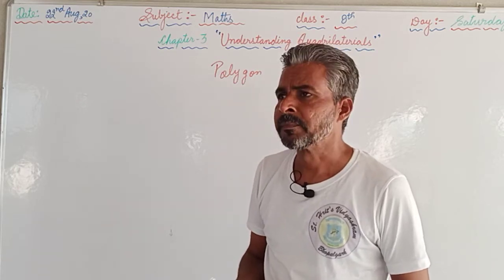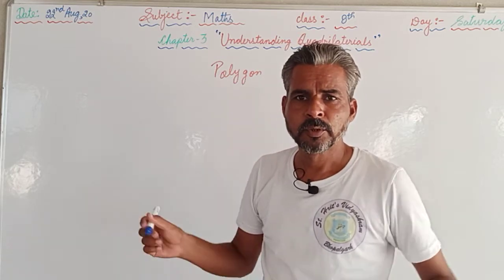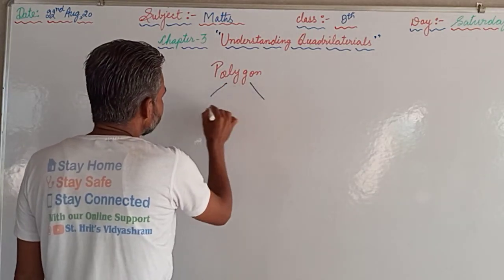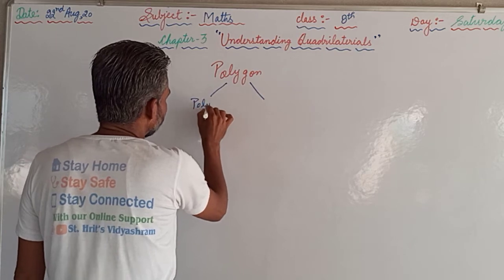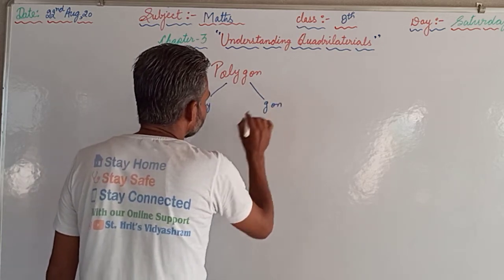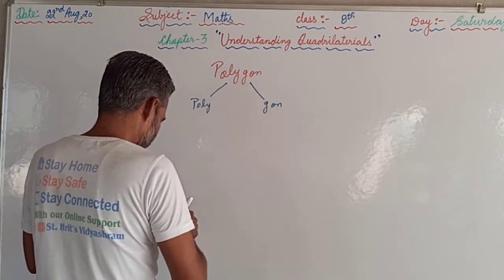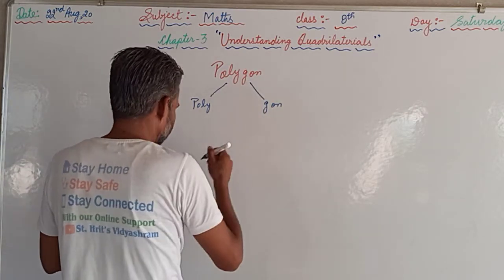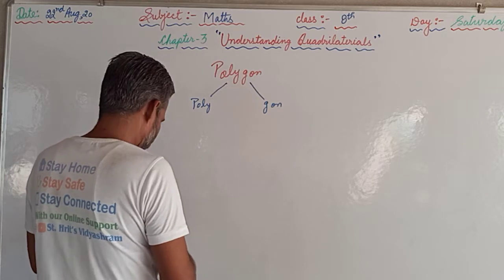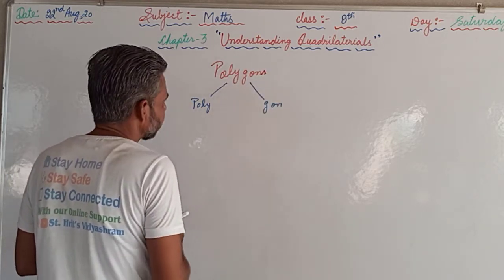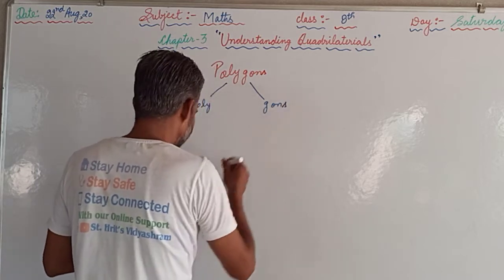The word polygon can be segregated into two words, that is poly and gon. Poly means many.